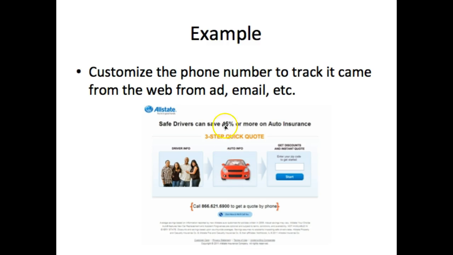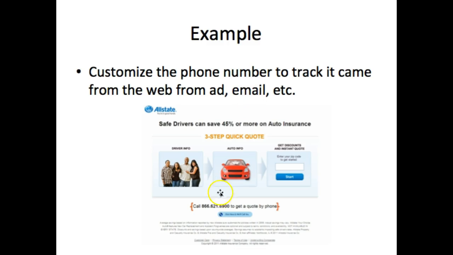So now I know, here's an ad, this particular phone number is tied directly to this ad. How many people called this number, how much revenue was generated from people calling this number, divide revenue by the number of total phone calls, and I now know what the value of this ad is.